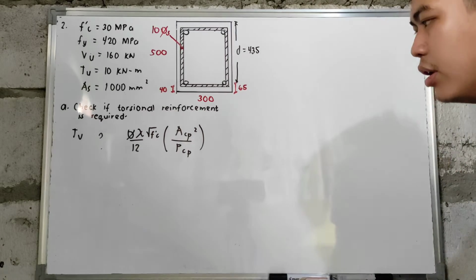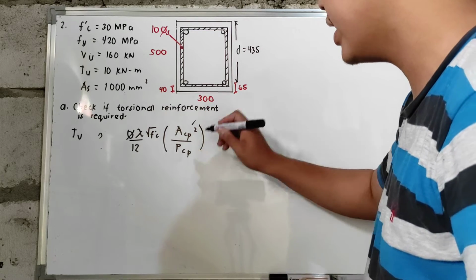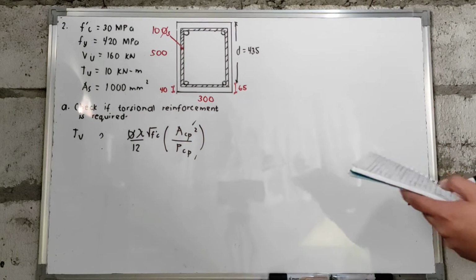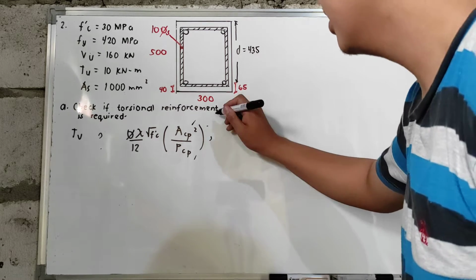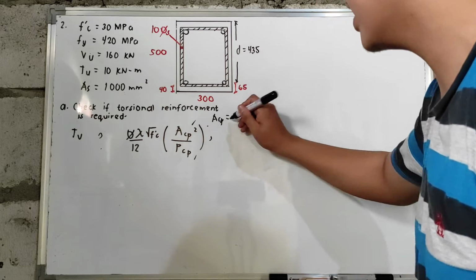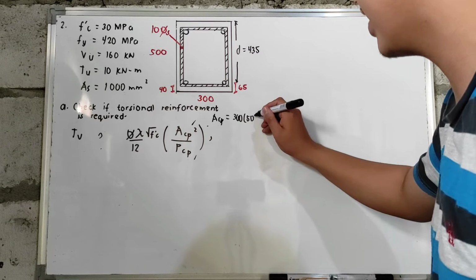So, eto nyan. Yung magkakaroon lang tayo ng problema dito is what will be the value of your Acp and the value of your Pcp. Sir, paano po natin kukunin yon? So, kunin lang natin siya. So, we have Acp. That will be the area. So, we have a base of 300 and a height of 500.